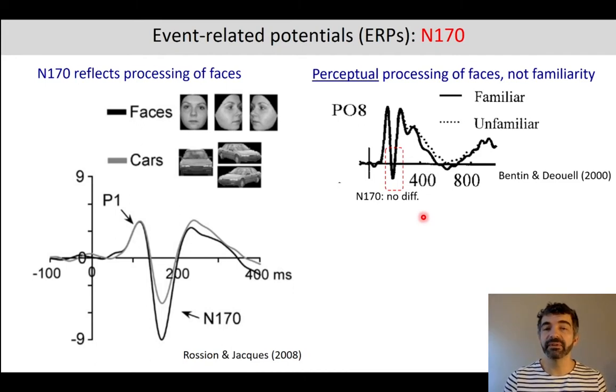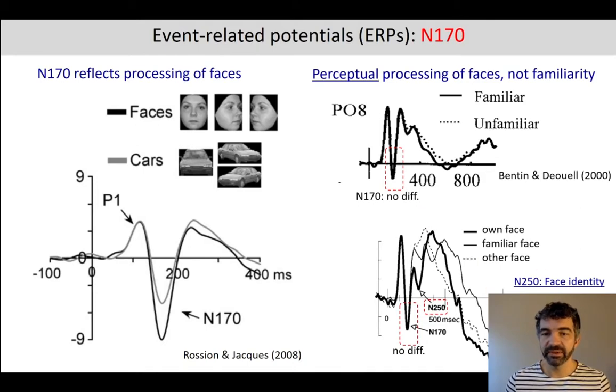Once you discover a new ERP component, there's a lot of research trying to pinpoint the actual functional significance of that component to exclude any potential confounding variable, enabling researchers to use it as a reliable tool to look at specific cognitive processes.